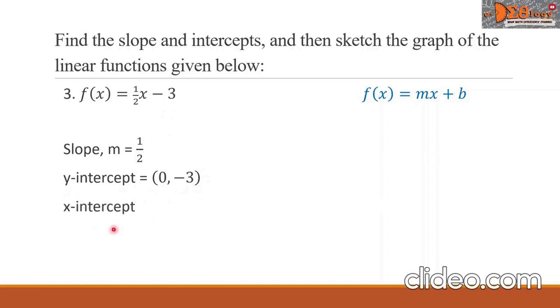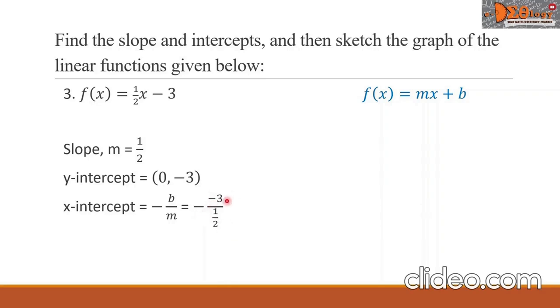What about the x-intercept? We will follow this formula: negative b over m. The b is this value, negative 3, while the m is 1/2. So we substitute it here. So we have negative of negative 3 all over 1/2. Let us simplify. Negative and negative becomes positive.